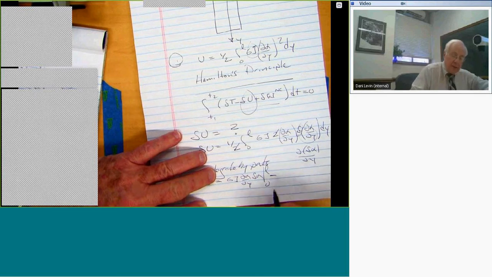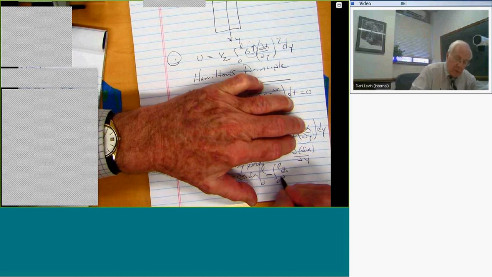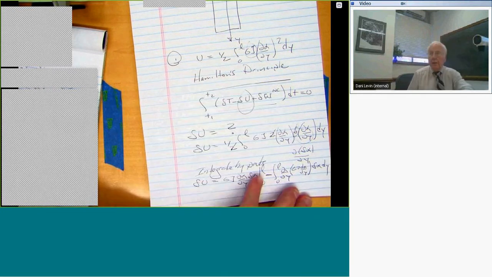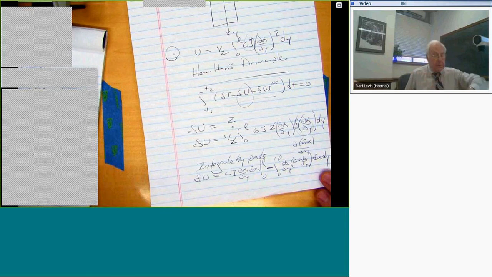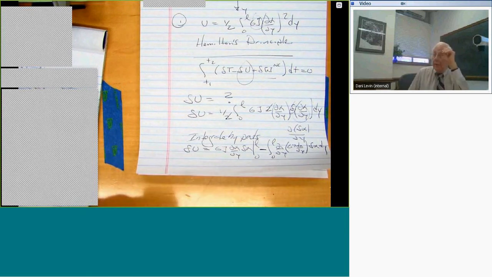And there's a minus sign, right? Integral from 0 to L of the partial with respect to y of Gj d alpha dy del alpha dy. So if you haven't integrated by parts recently, go back and look at your notes and verify that this is okay.